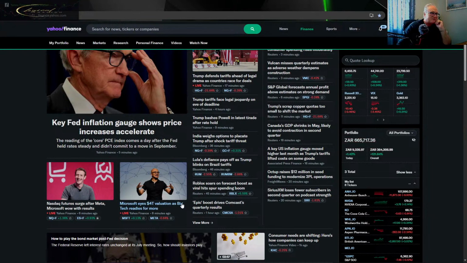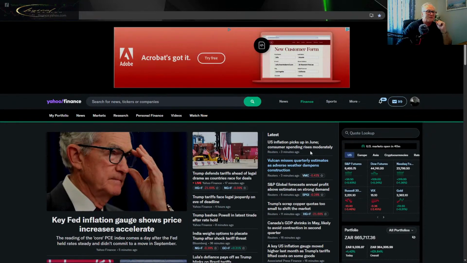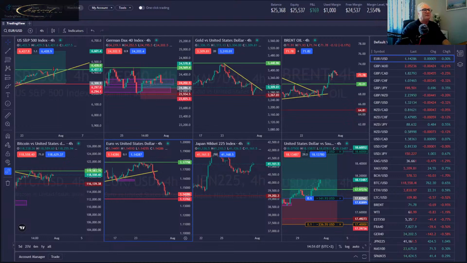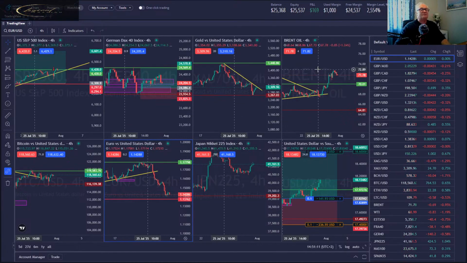Microsoft eyes $4 trillion valuation as big tech releases for more. The big news, oddly enough, this week there was some quite big news with the earthquake. And it's quite strange, really, that it hasn't affected the markets in any way, shape, or form. Everybody's quite relaxed about that.